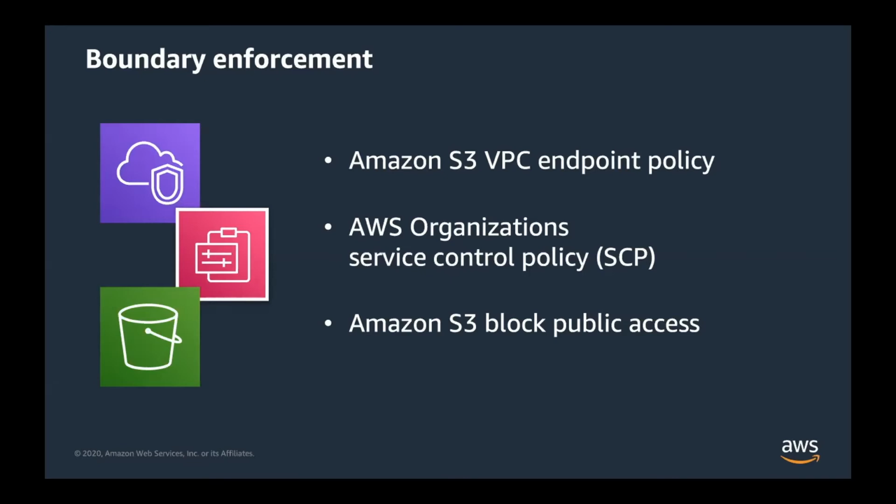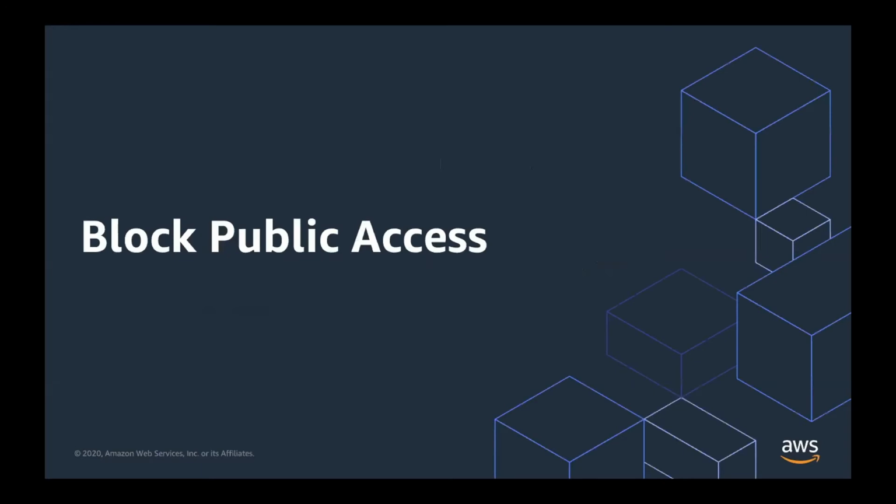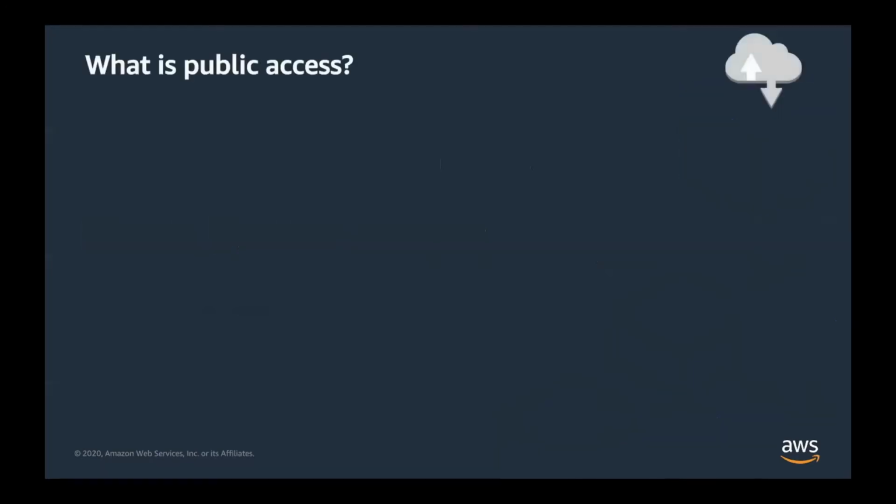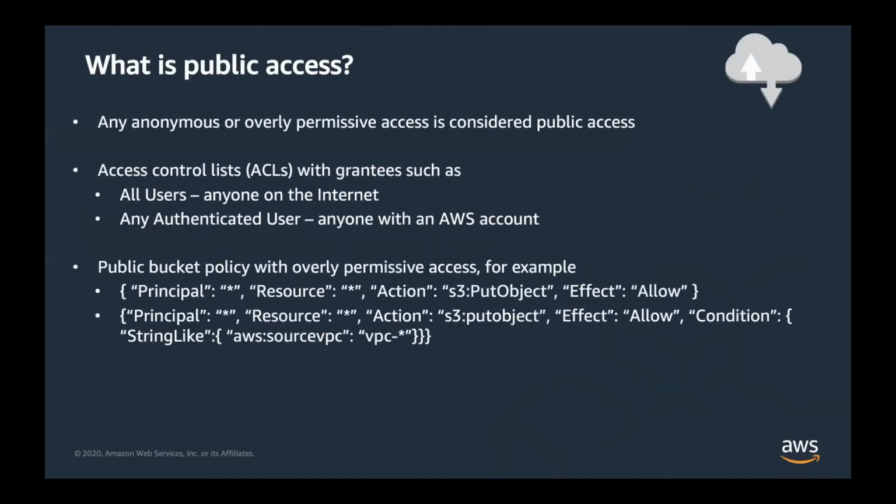So with that, let's talk a little bit about what Block Public Access does. Public access really is defined as any anonymous or overly permissive access that we provide into the bucket, and this is typically used by customers to host static websites, but it can be used for other purposes as well.